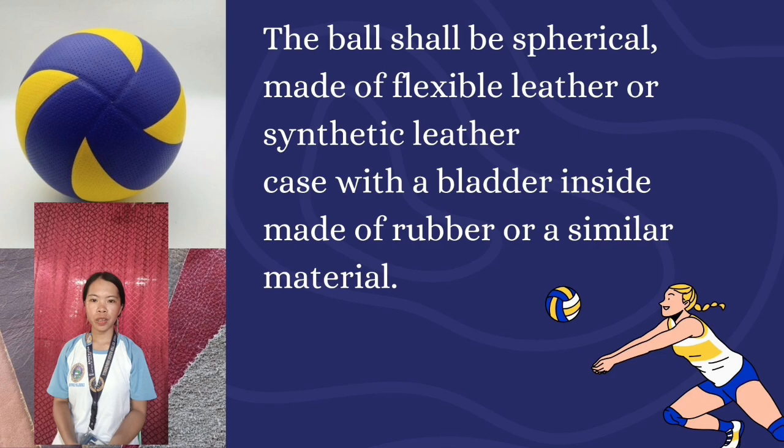There are 5 standards. So first, the ball shall be spherical, made of flexible leather or synthetic leather case with a bladder inside made of rubber or a similar material. So the volleyball must be round in shape. Dapat sudlingin na siya, di man siya pwede og mindag ball unja square.